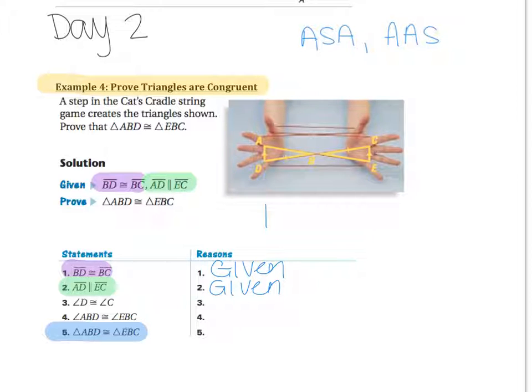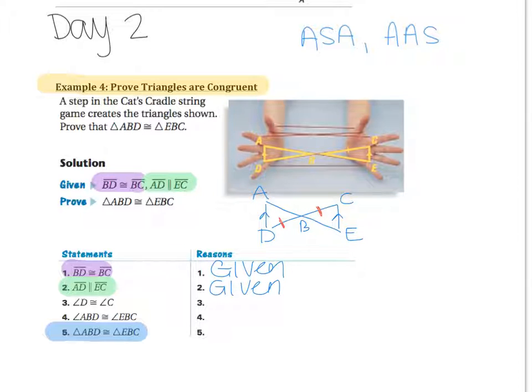Okay, I think I'm going to redraw this. It says that these are parallel. And we're given that BD is congruent to BC.